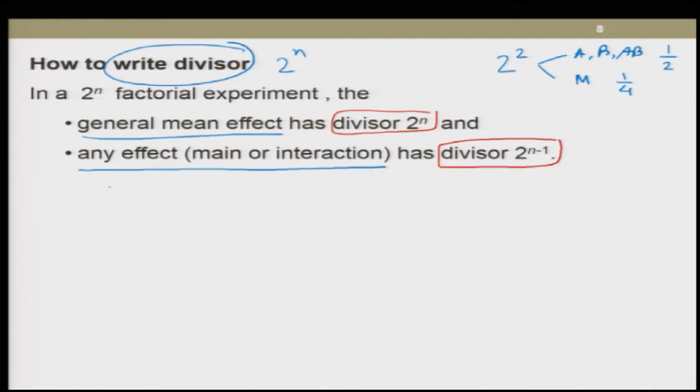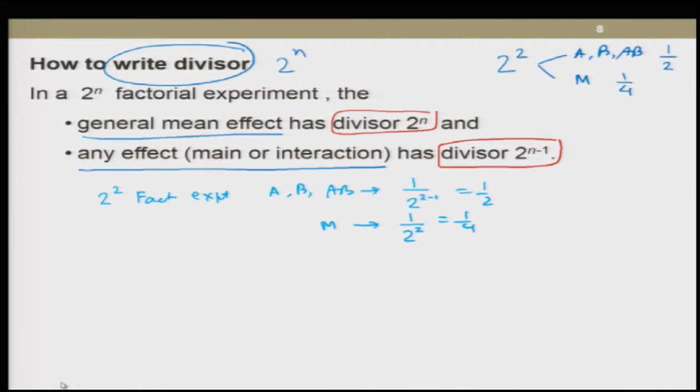You can recall that for the 2 square factorial experiment, for a, b and ab the divisor was 1 over 2 raised to the power of 2 minus 1, which is 1 upon 2, and for the general mean effect it was 1 upon 2 square, which is 1 over 4.